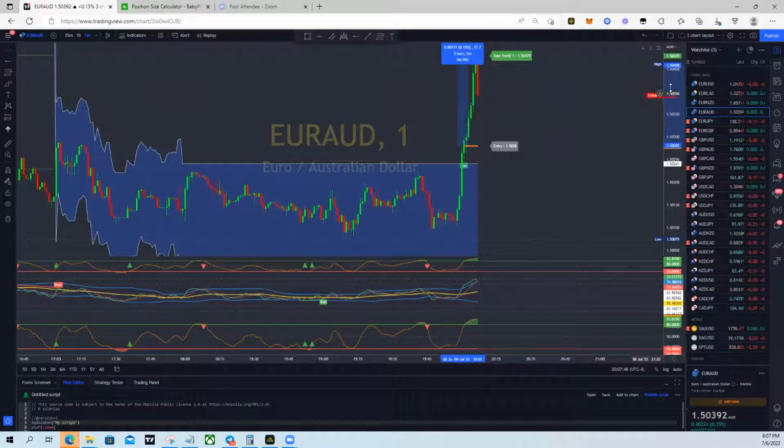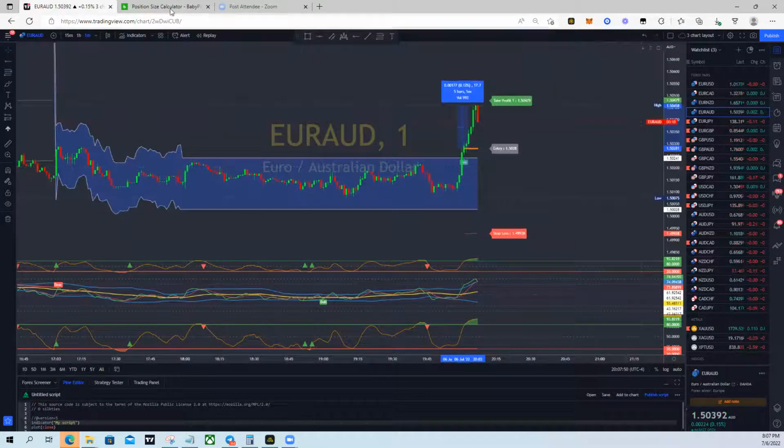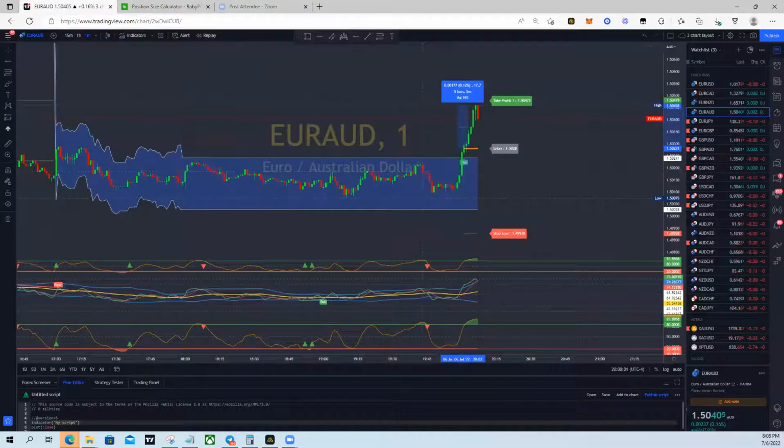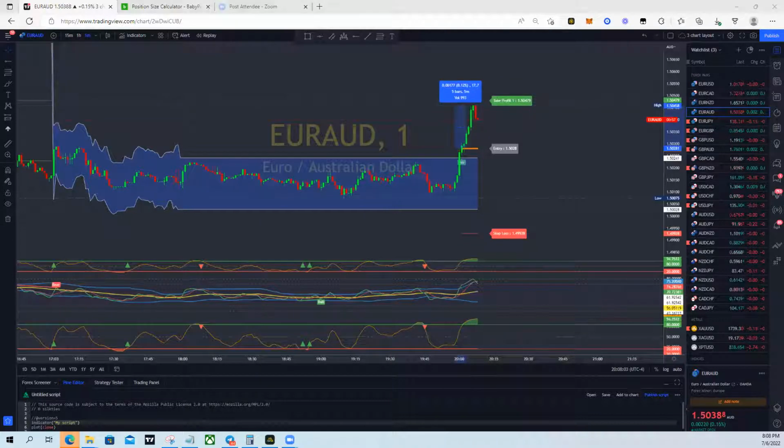So if you took this entry and you utilize the signal, stop loss is 40 pips. And you took this trade. The standard lot size is $25 a pip. And you caught 20 pips. $25 times 20 is $500.